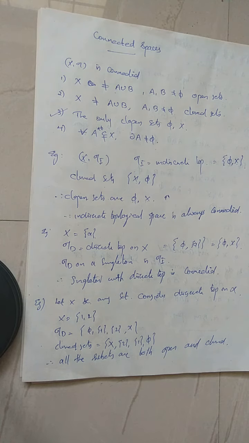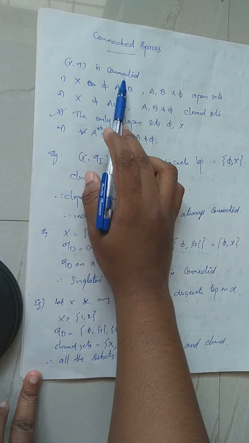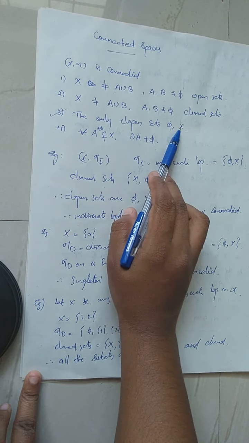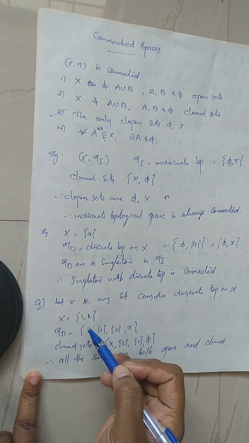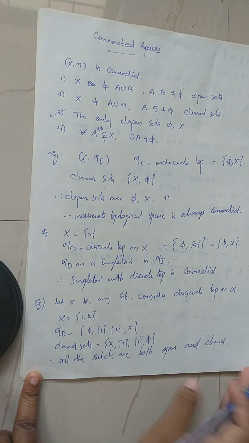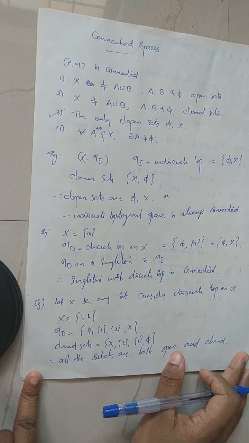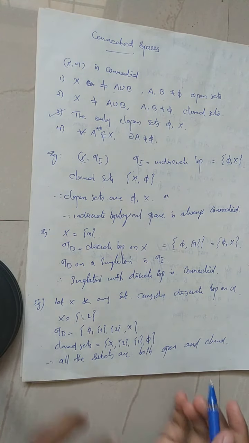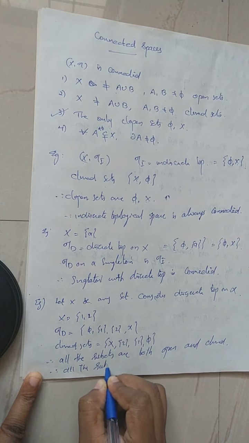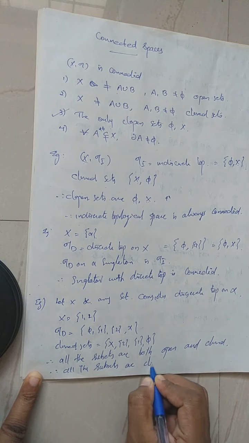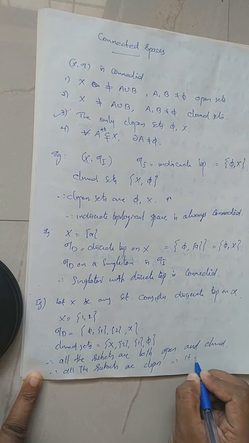Therefore, I can say that the discrete topology will not be connected if it contains more than one element, because when a space is connected, the only open sets are empty and X. When you consider the discrete topology on finite or infinite sets, every subset will be open. Therefore, it cannot be connected. It is disconnected.